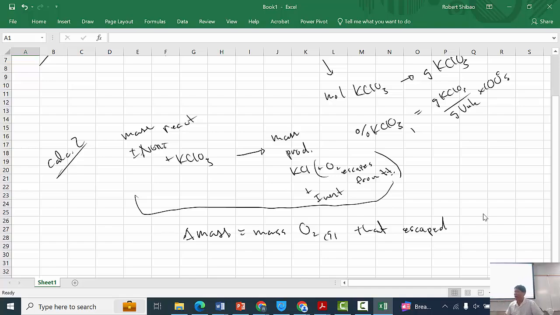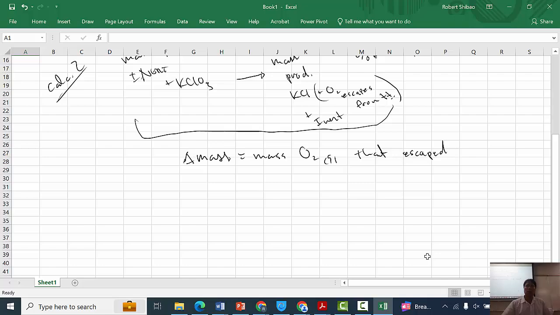And so let's say we have a half a gram difference between the reactant and the product. The half a gram is the oxygen that escaped, because the KCl is stuck, and we'll be able to weigh it. And so from the delta mass, the change in mass, we get the mass of oxygen. From the mass of oxygen, we get the moles of oxygen.